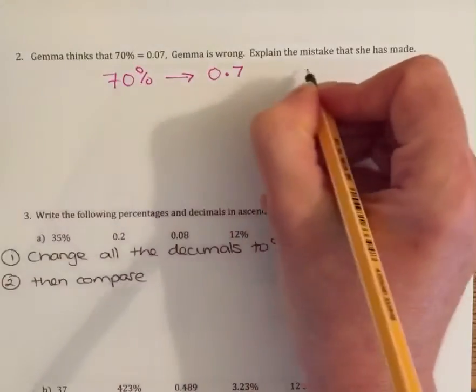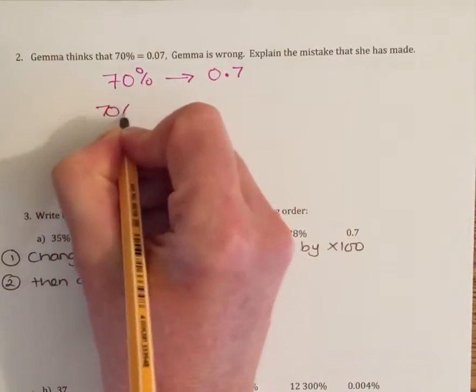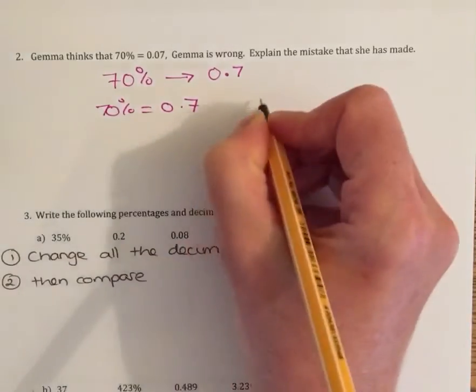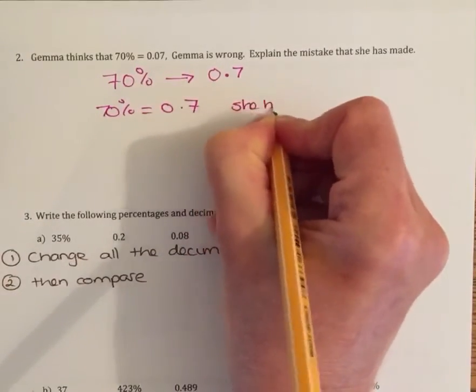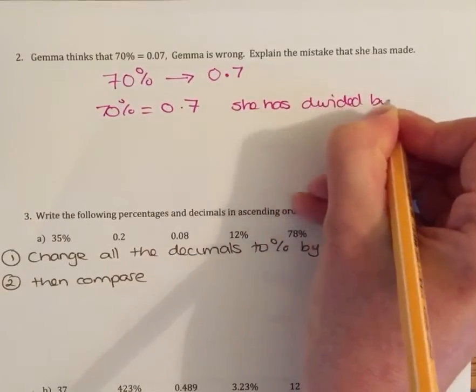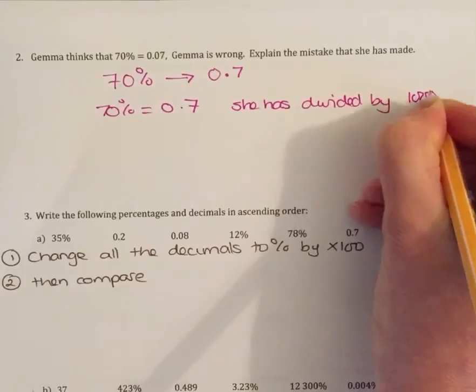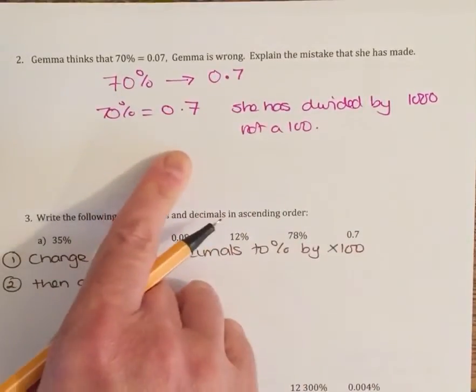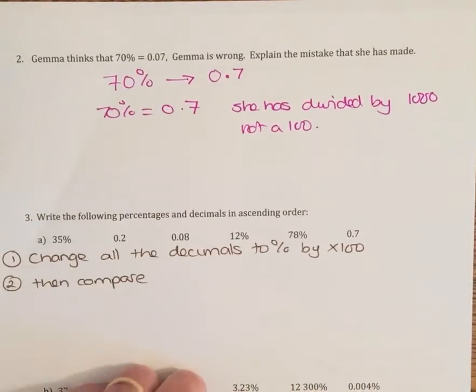So 70% equals 0.7. So I would say she has divided by 1,000, not 100. But if you wrote the answer, it should be 0.7. You at least understand what she should have got.